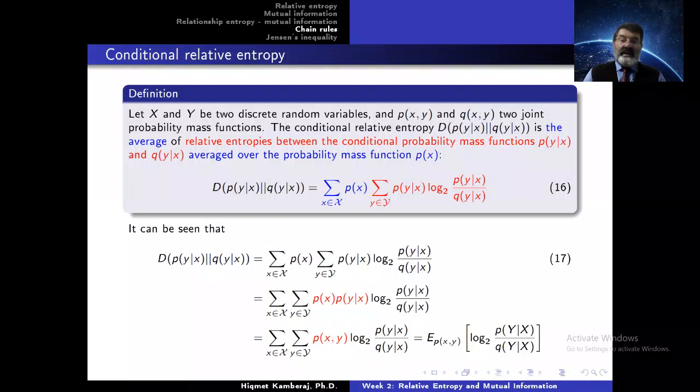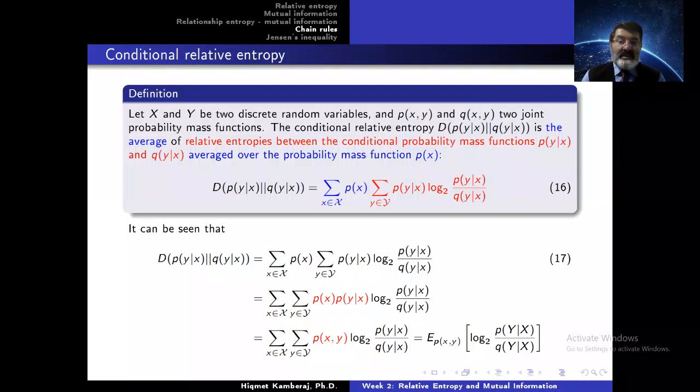The conditional relative entropy, which is the distance between two conditional probabilities, p of y given x from q of y given x, is the average of relative entropies between the conditional probability mass functions p of y given x and q of y given x, averaged over the probability mass function p of x, which is given by this formula.